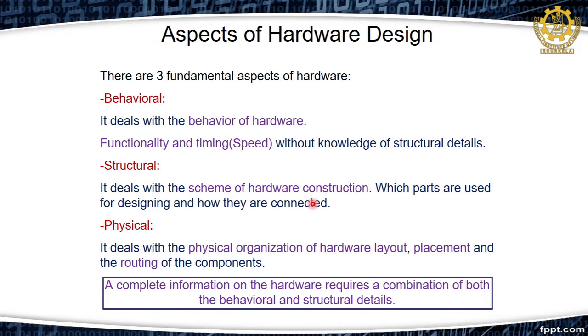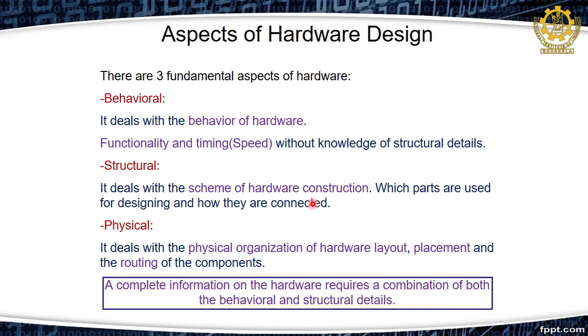But when we come up with the entire IC and system in the market, we have to completely rely on both the behavioral as well as structural aspects of the design, because what structure you are taking and how you are connecting also matter, as timing, power and area will affect your design.